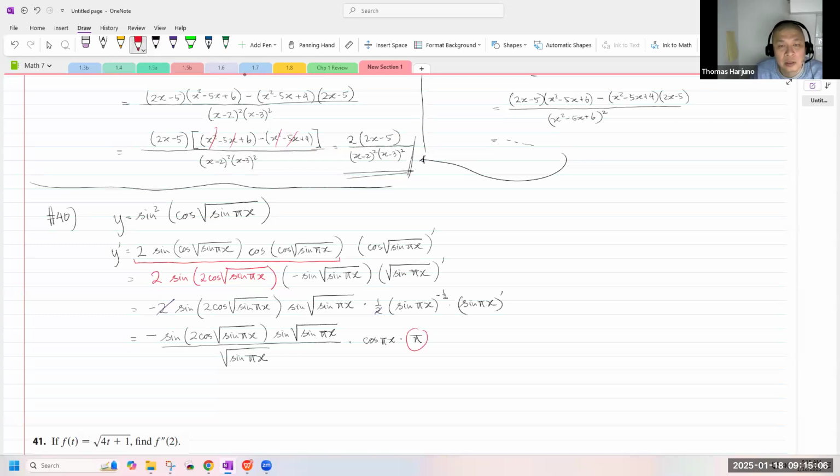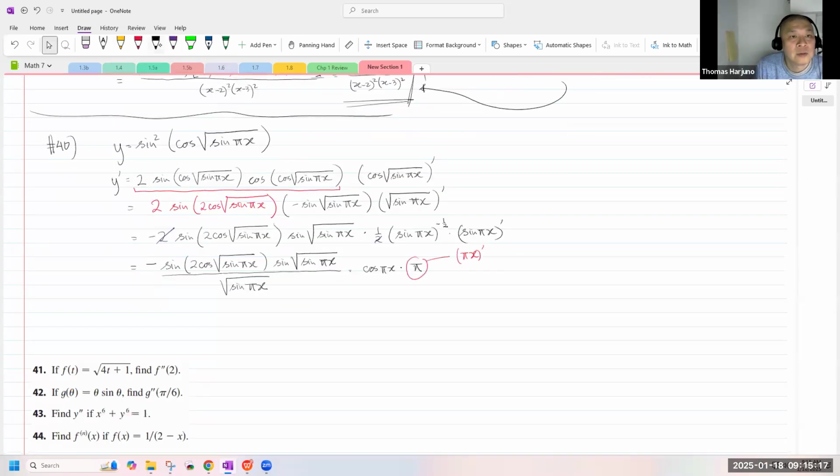I don't want to copy everything again for this little thing here, so I just skip that little step. Okay, now then finally I put things together.